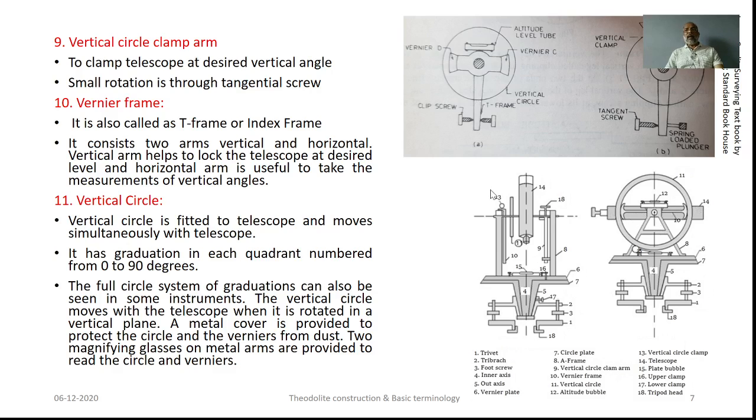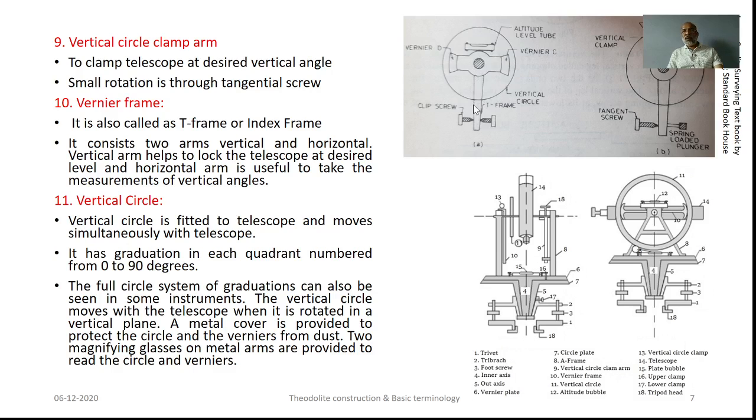This frame comprises two arms, one horizontal and another vertical. The horizontal portion is called the index arm, as it is provided with vernier C and vernier D to facilitate the reading of angles in the vertical plane.